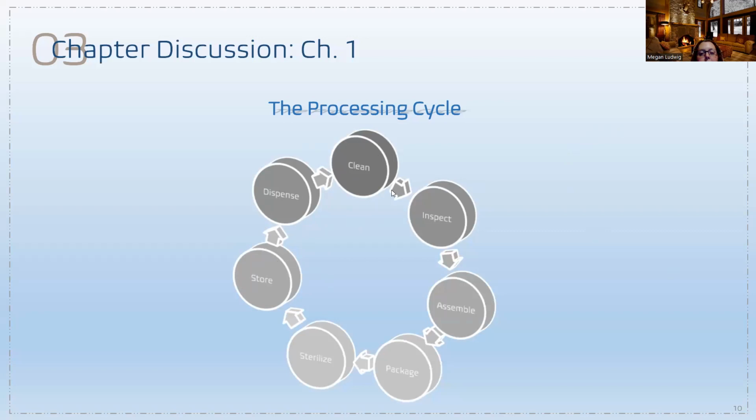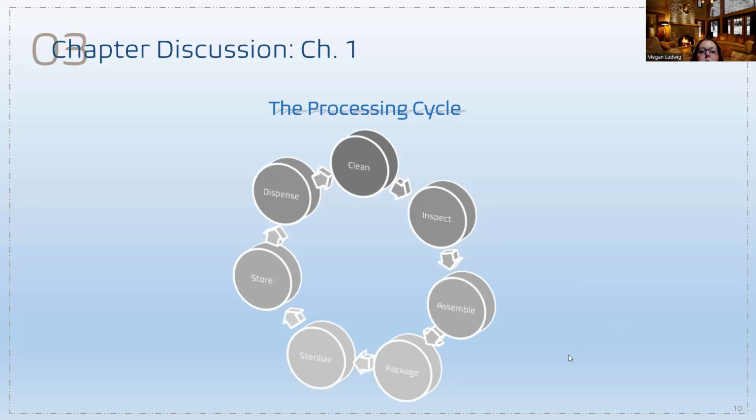Maybe it needs cleaned again, inspected, reassembled, repackaged, re-sterilized over and over again every time it's used, between dispensing and cleaning, until the item is no longer usable. So an instrument, let's say a hemostat, could go through this processing cycle hundreds of times, thousands of times before it's no longer safe to use.